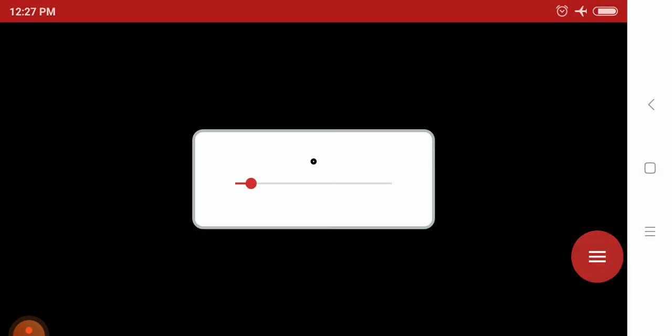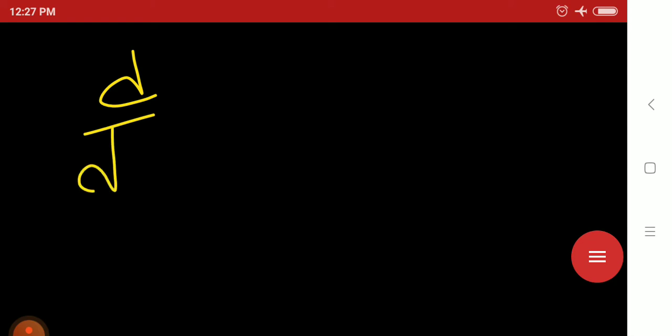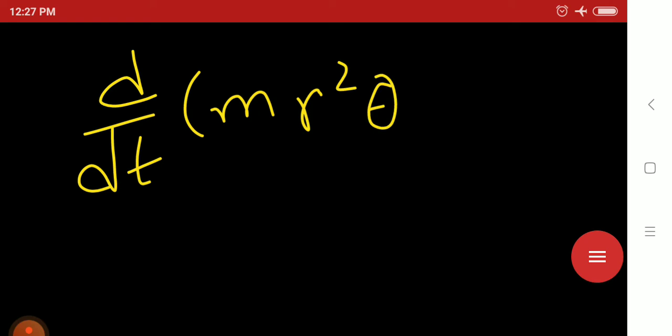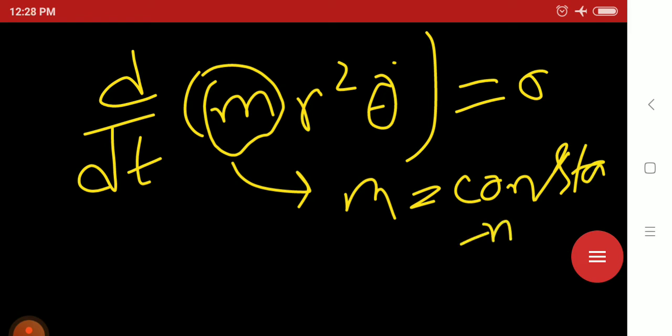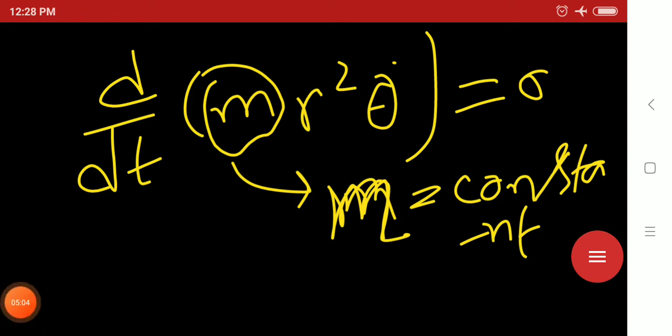From the equation of motion, d/dt of m r square theta dot equals 0. Here m is a constant quantity, so we can manipulate this, because we have to derive a very important thing in my next step.